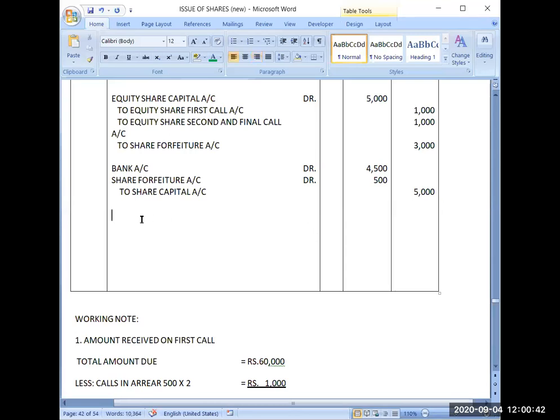Now I will calculate the capital reserve. Share forfeiture account debit to capital reserve account.